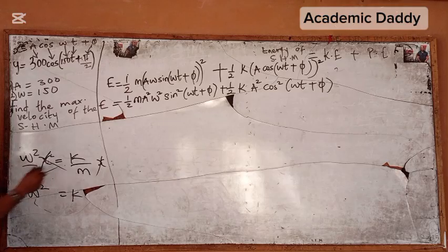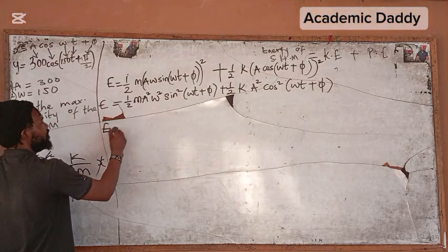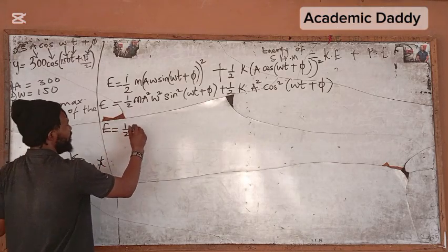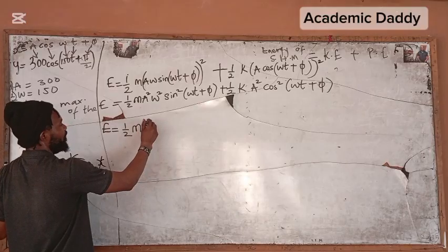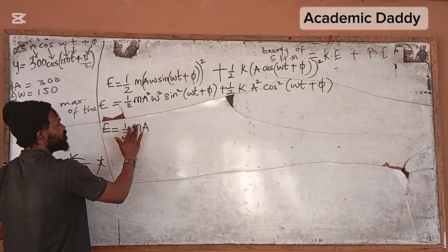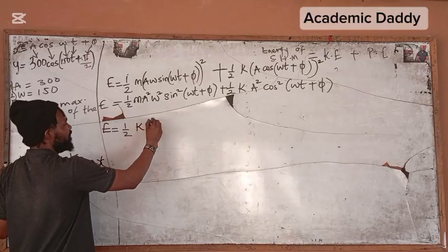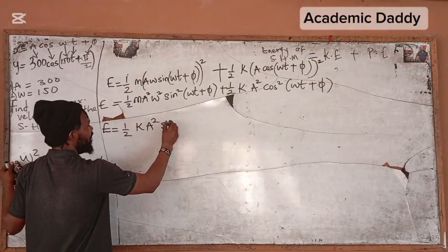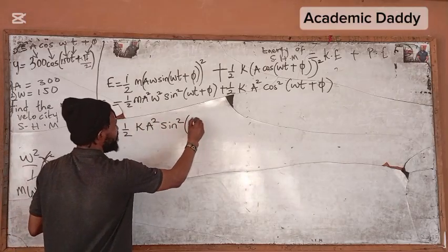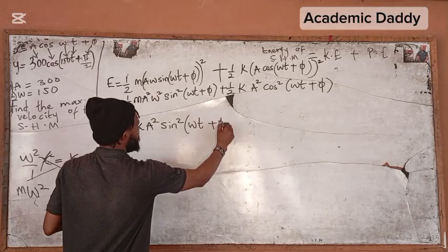So that I now have that E is equal to half Ka squared sine squared (WT plus phase angle).